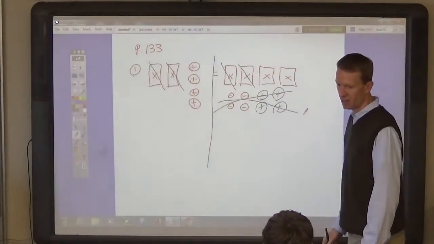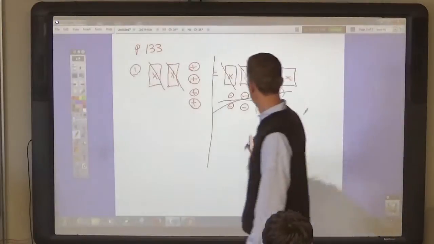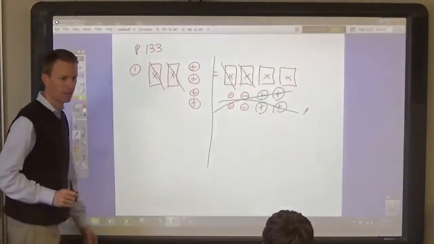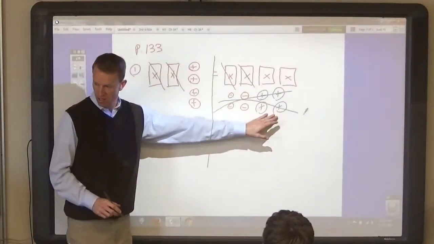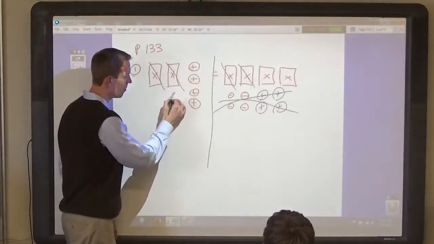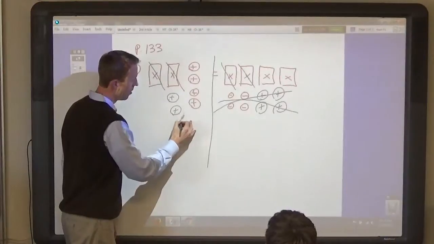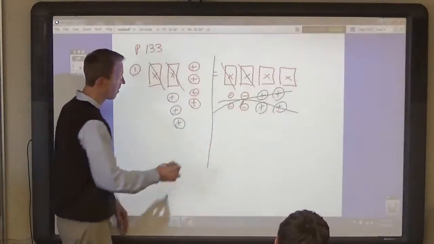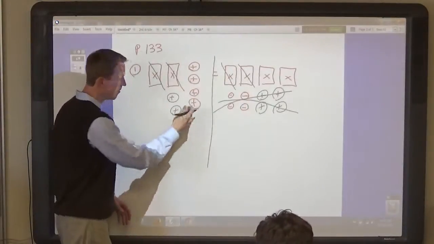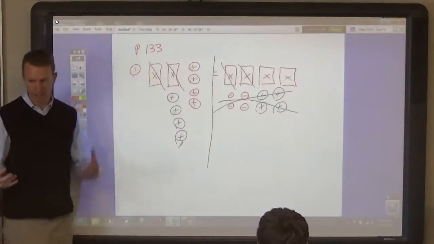And then what do we have to add to this side? The same 4 positives. If you add 4 positives to the right side to neutralize these, you have to add 4 positives to the left side. Otherwise, it's not balanced.